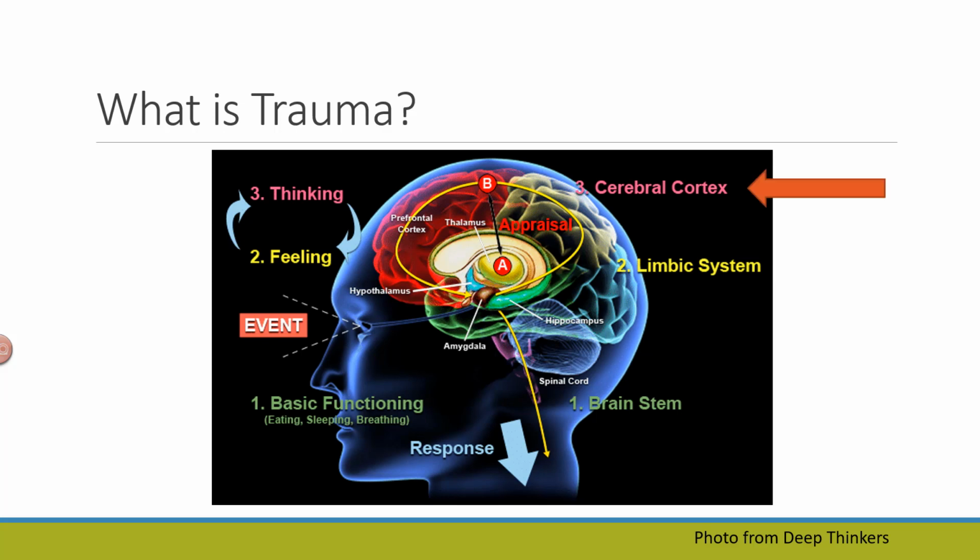And the neocortex, or cerebral cortex, that provides logic, imagination, planning, and control. This area is more sophisticated but slower than other parts of the brain. When people are in a situation where they feel their survival is threatened, the primitive reptilian and limbic parts of the brain override the slower cortical parts.